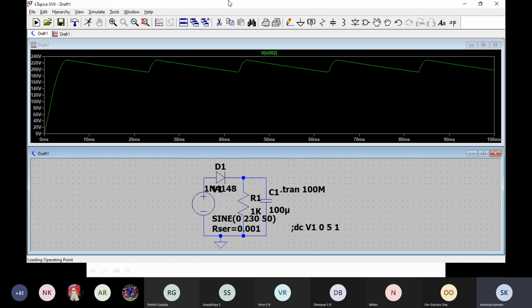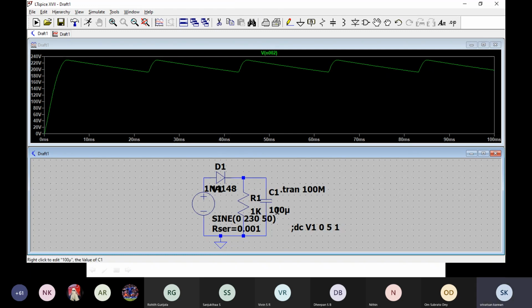The capacitor filters out the ripples in the signal. Output of the rectifier is not pure DC. So in order to get the pure DC signal at the output, we need some filter. If we use a capacitor filter, we can filter out the ripples.